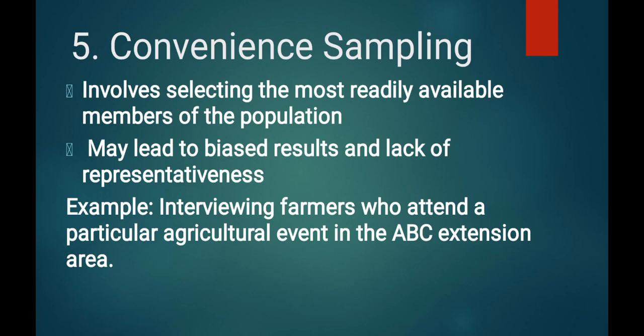So you just need to interview these 10 farmers, okay, because you found them in a convenient way. So you interview them and in your mind you know that the responses from these 10 cannot represent those 500 farmers who attended the training. So that's what we call convenience sampling.